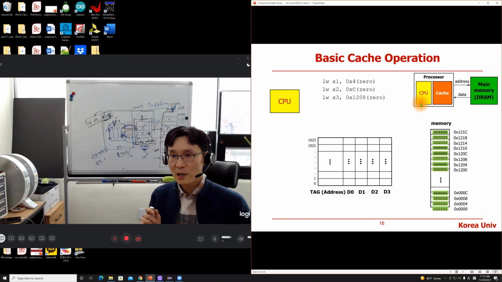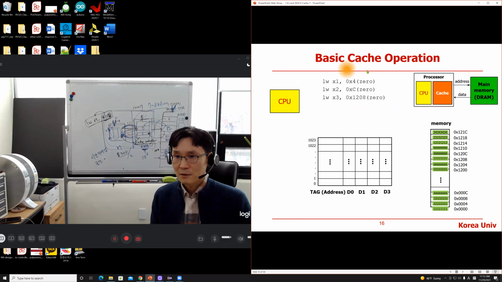Assume that you want to execute these three instructions. The CPU executes these three. Interpretation: read data from location 4, which is 8 twos, right? And place it into the X1 register.